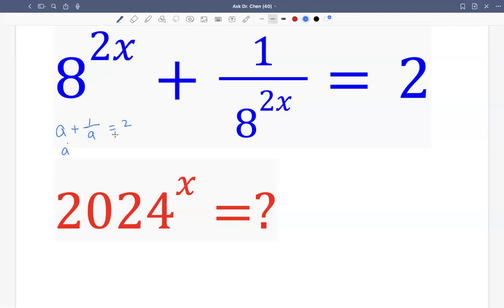Then we multiply by a on both sides, we get a squared plus 1 minus 2a equals 0. Just multiply by a, multiply by a. Move positive 2a to the other side, it becomes negative. So this becomes a minus 1 squared.